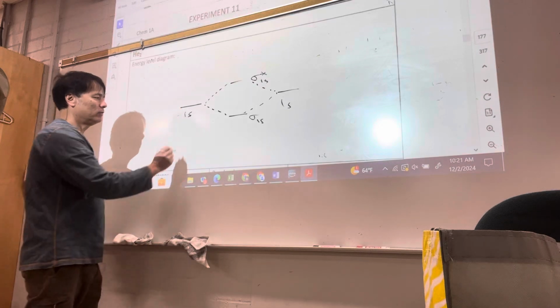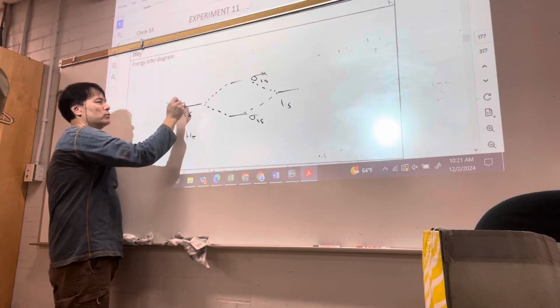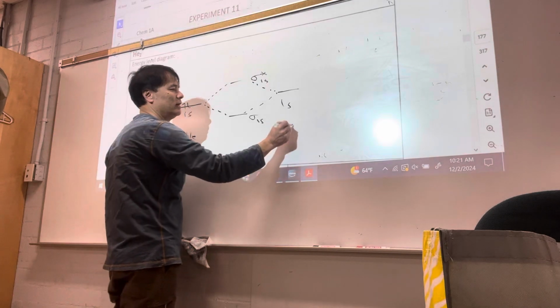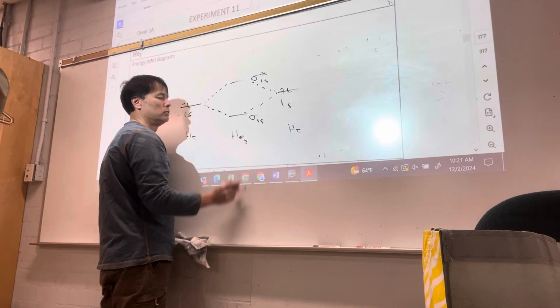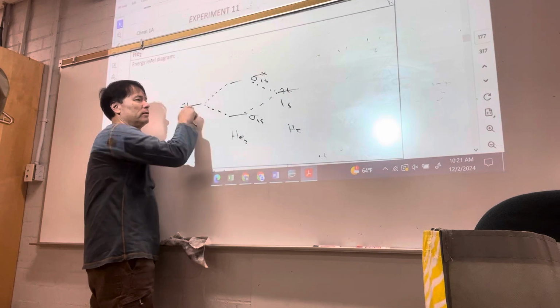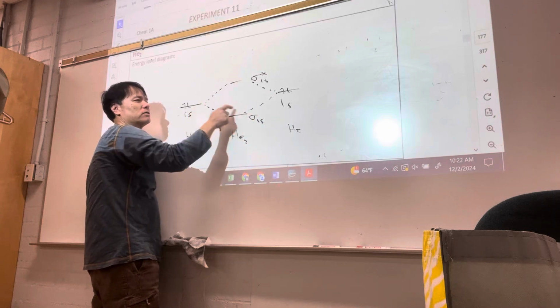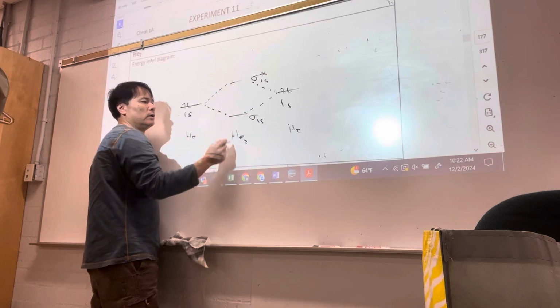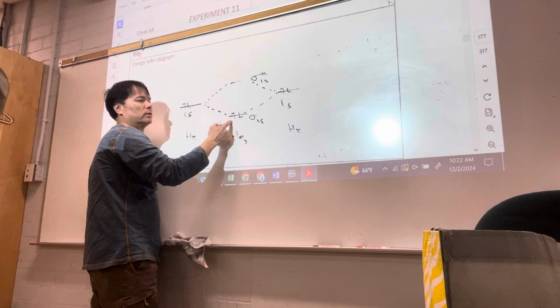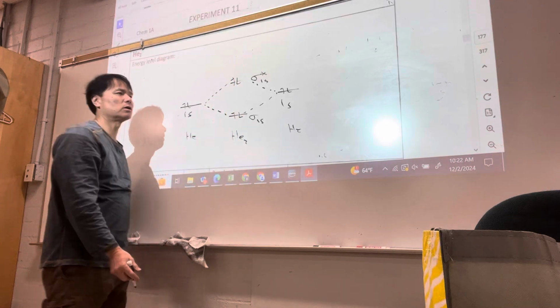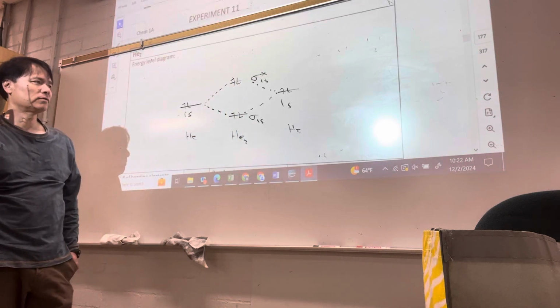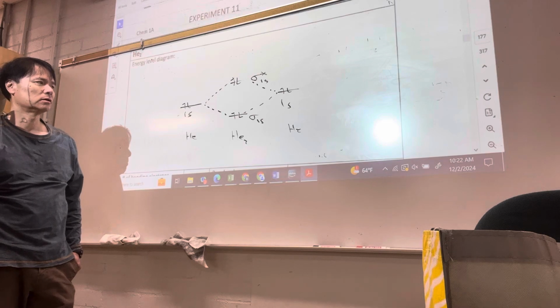Okay, and then we have a helium over here with 2 electrons in the 1s, and a helium over here with 2 electrons in the 1s. Then we try to make the He2 molecule and fill these. I have a total of 4 electrons to fill my MOs. The first 2 go in the sigma 1s, and the next 2 go in the sigma star 1s. That takes care of the 4 valence electrons.